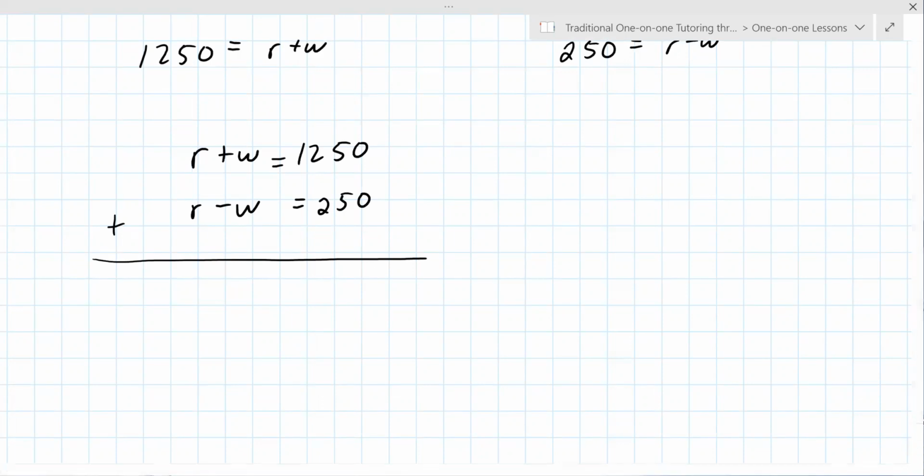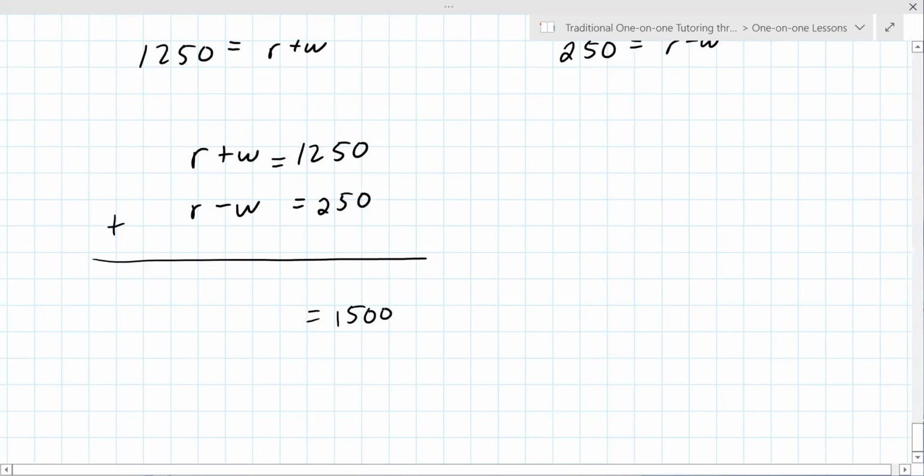Tell me the value of R. 1,500. There's two R's though, aren't there? Oh, you're right.